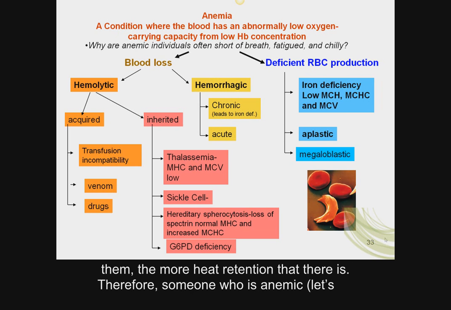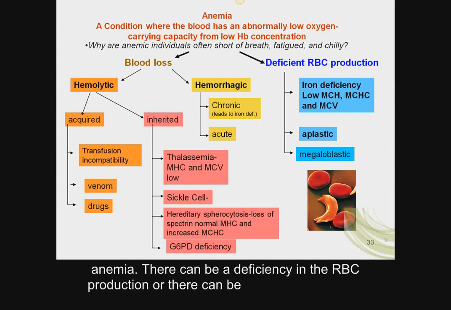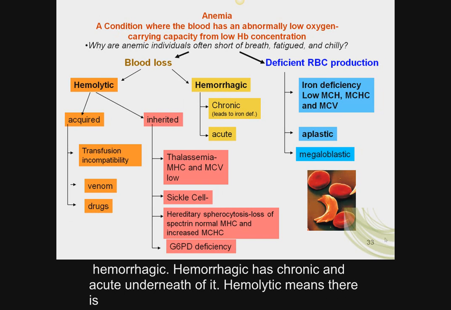There are two broad categories or ways to get anemia. There can be a deficiency in the red blood cell production, or there can be blood loss. Blood loss can be further categorized into two subcategories, hemolytic or hemorrhagic. Hemorrhagic has chronic and acute underneath of it. Hemolytic means there is profound cell lysis.